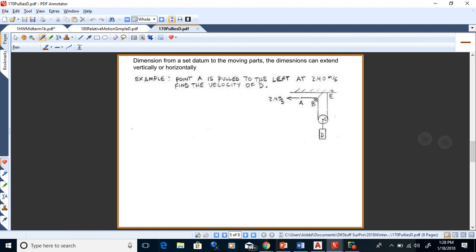It doesn't look to me like point E's moving anywhere, so that might be a good place to measure from.